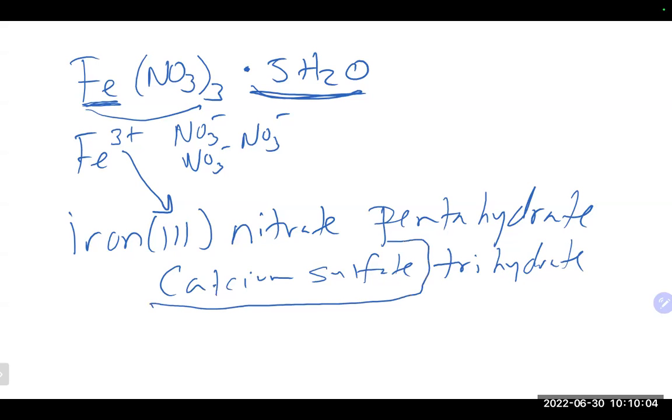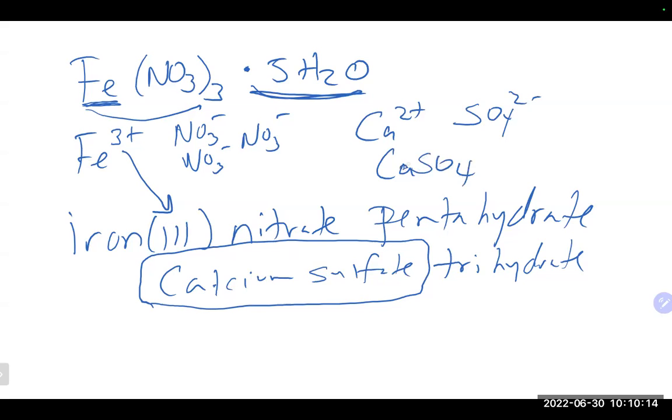We would start with the salt part, which would be calcium, which is a +2 charge. Our sulfate, which is a -2 charge, would give us CaSO4. And once again here, we would use our dot to indicate how many waters, which in this case would be 3. And we would do 3H2O because that is what trihydrate would be.